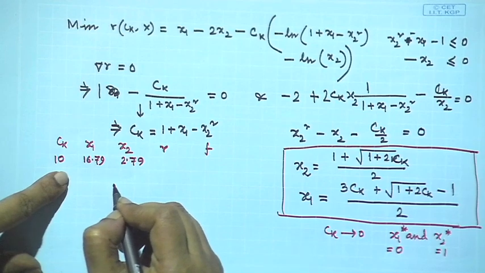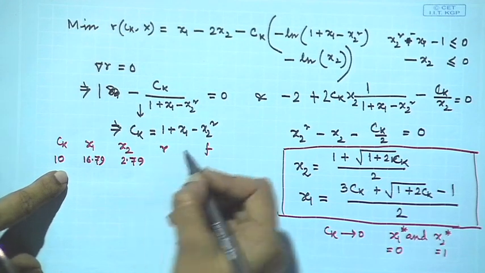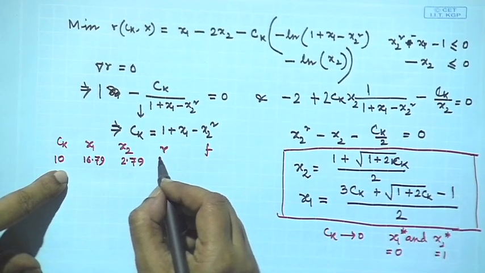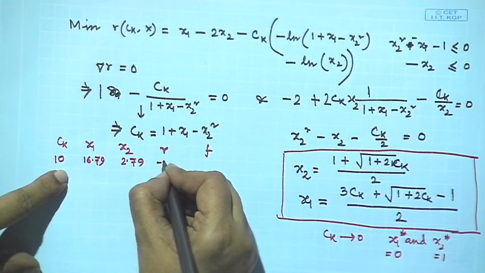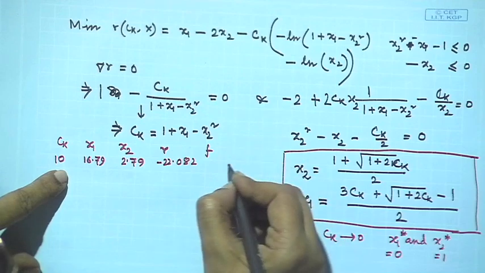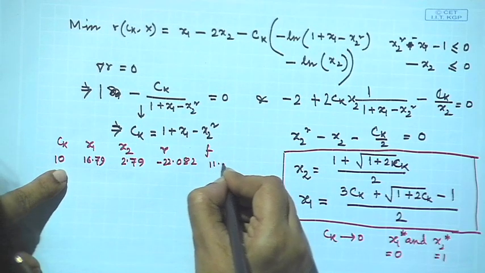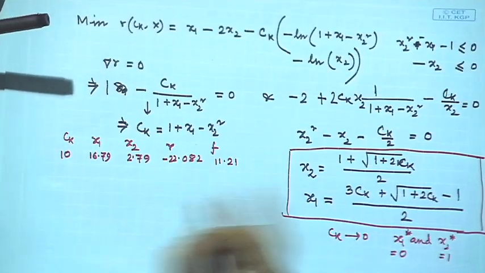Then for r, the value will be minus 22.082, and the original value of f would be 11.21. Is it clear how to get this value?